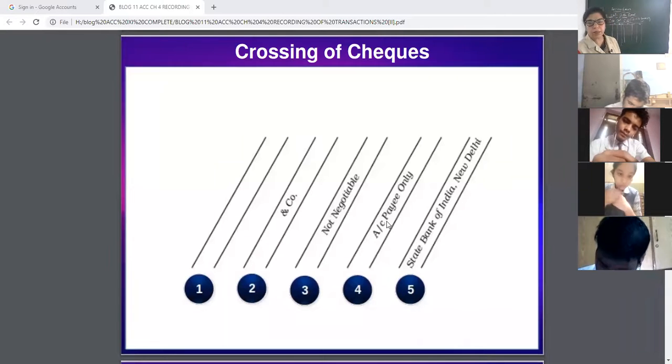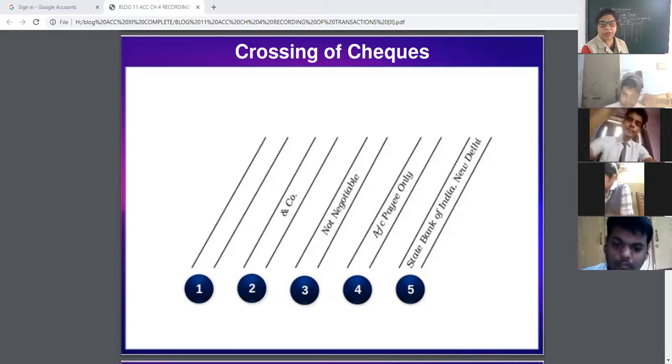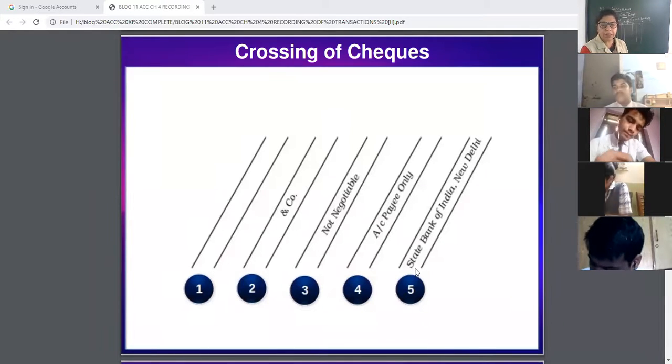These are the examples. Account pay only, or you can name the bank also. Account pay only means the bank will give the amount to that account holder only. And name of bank means the bank will pay the amount at this branch or this bank only.